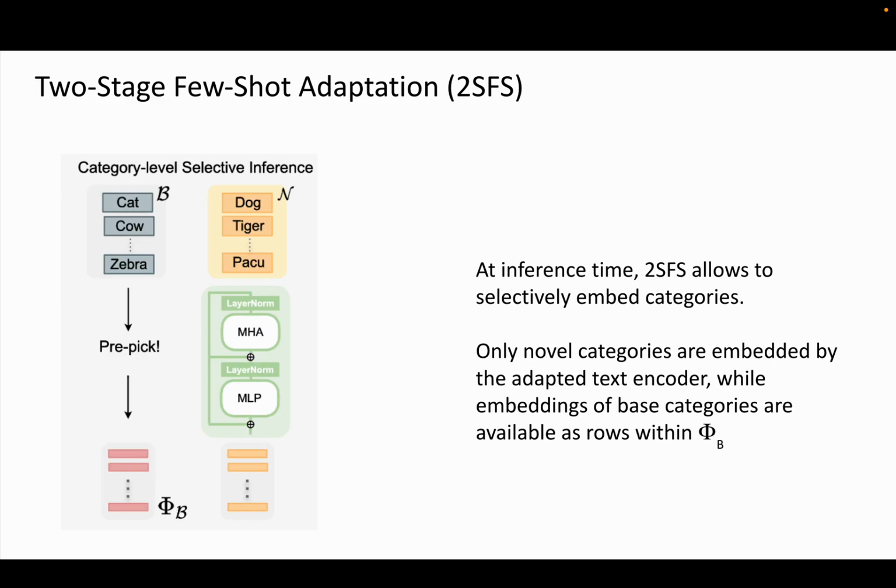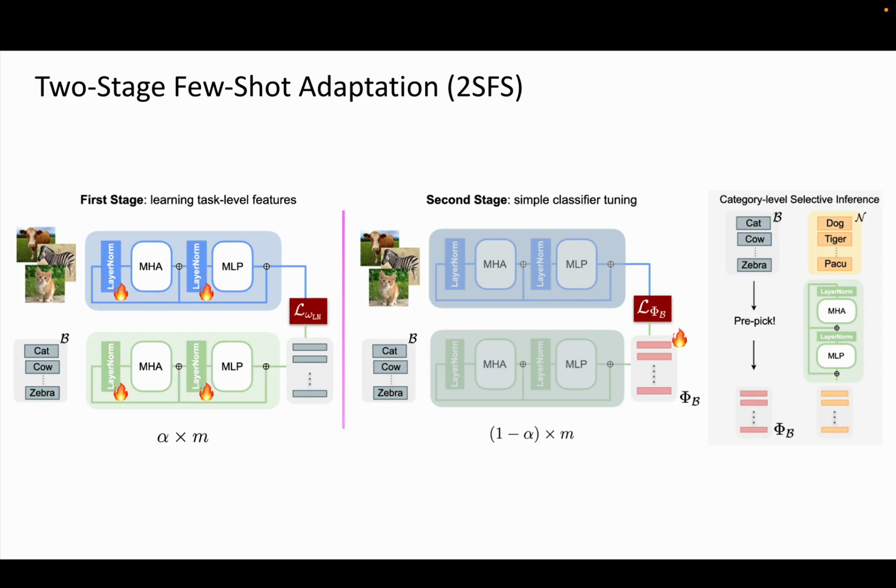And therefore, at inference time, we can pre-pick the embeddings of base categories when those are needed, since they are rows of the classifier, so they're easy to get. And at the same time, if we are asked to compute the embedding of a category we didn't have in annotated data, we simply compute it with a text encoder, which has updated layer norm modules. So layer norm modules should be tuned up to the optimal breakpoint.